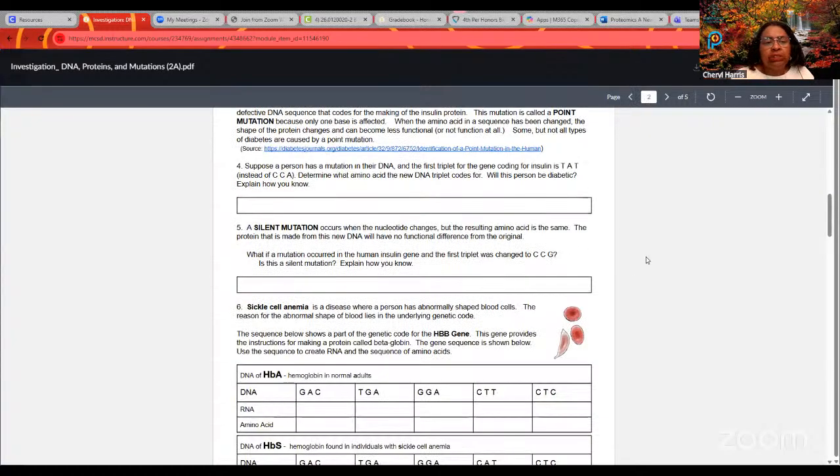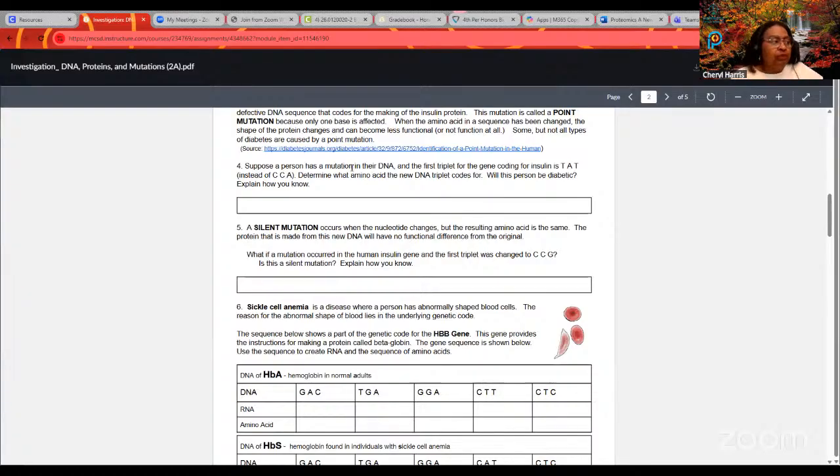And so instead of CCA, the first triplet gene coding for insulin is TAT instead of CCA. All right. Determine what amino acids you would get. So in that box, somebody work it out and tell me what you are going to get instead of the one you got.